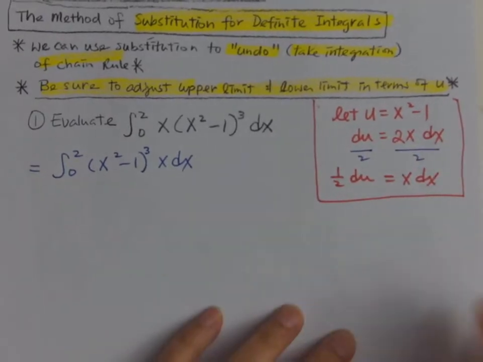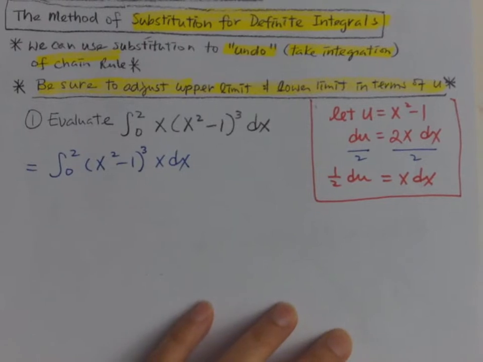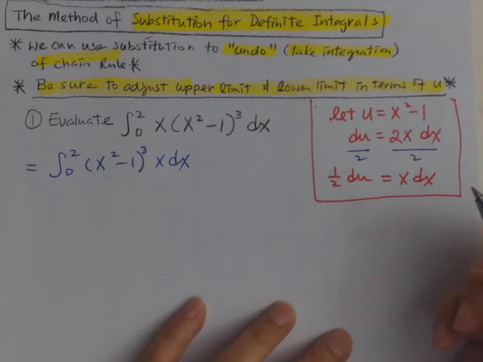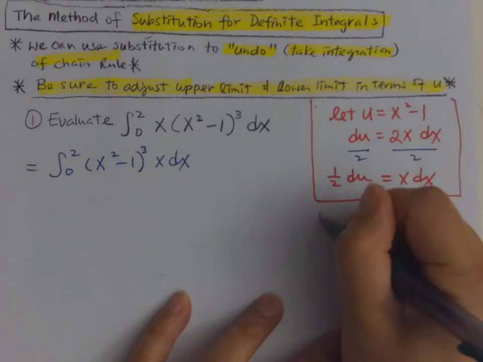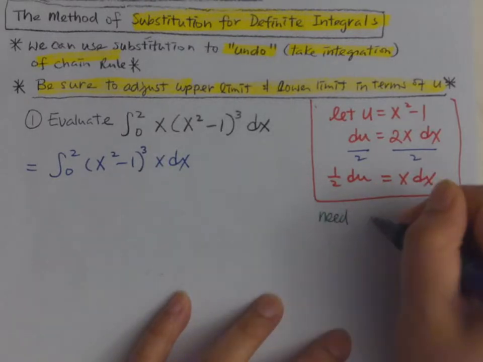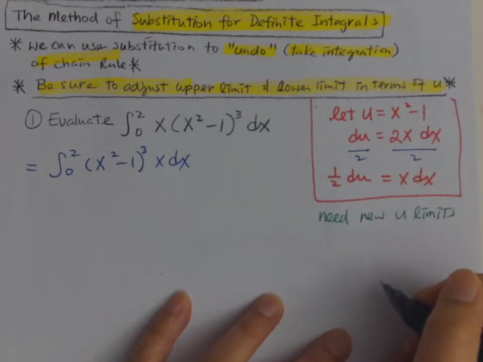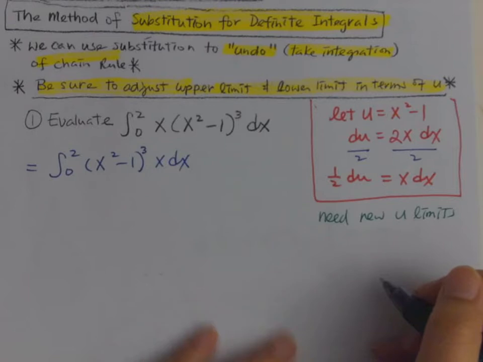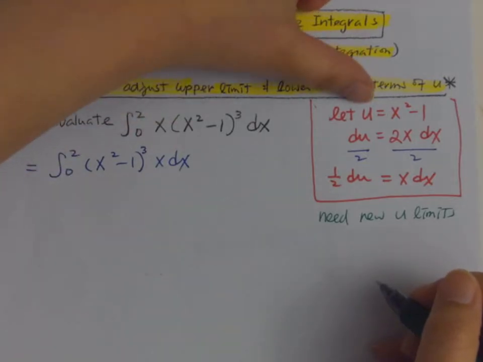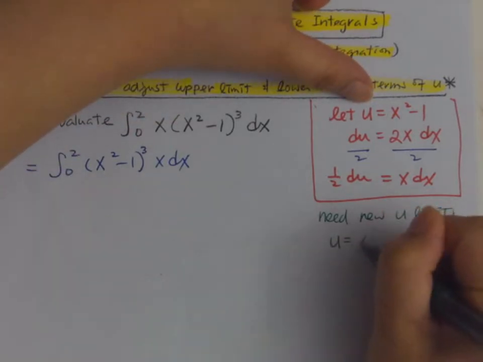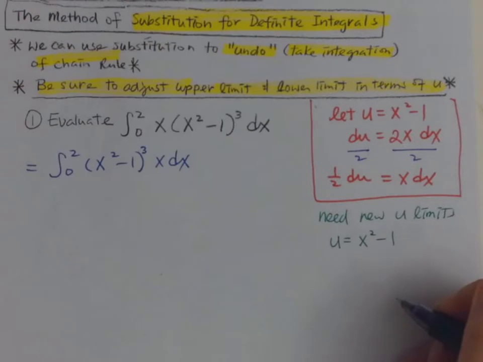And then the new stuff here is that I need to figure out the new u limits. So we know that u equals x squared minus 1, right? And we have x equal to 2 and x equal to 0.